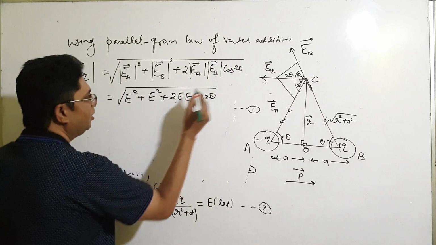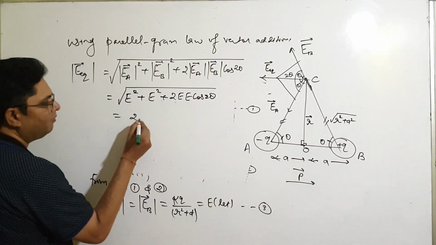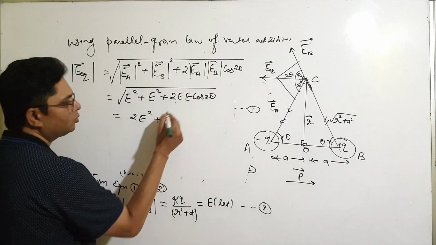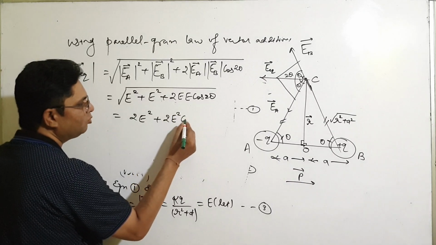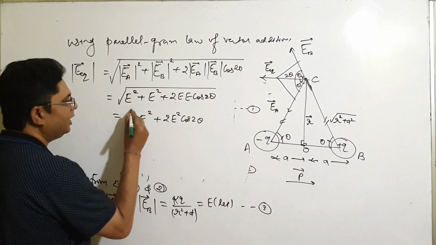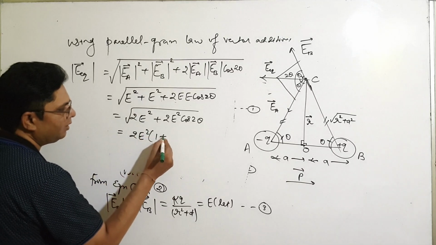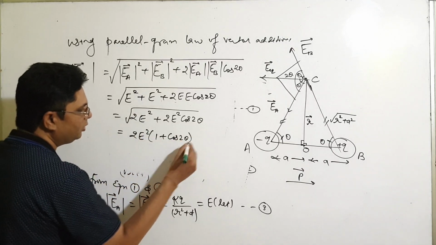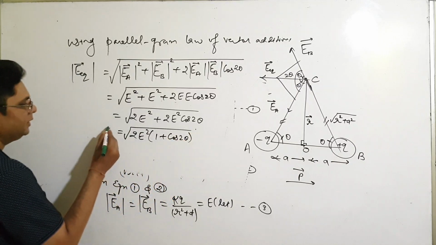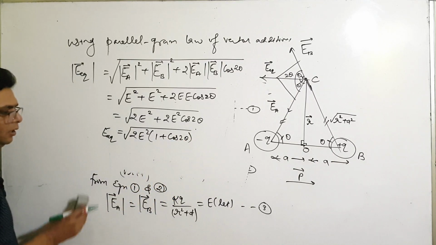Add these two, we have 2E square, plus 2E square cos 2 theta, under root. Take out the common term, which is 2E square times the bracket 1 plus cos 2 theta. This is said to be E equatorial.